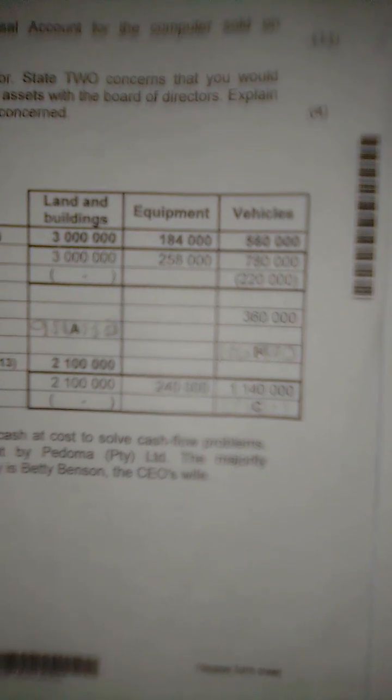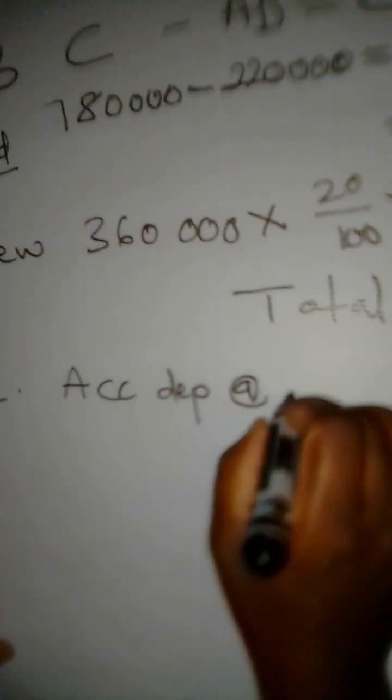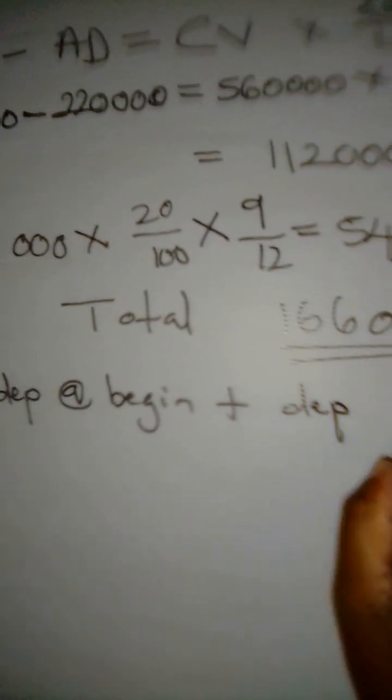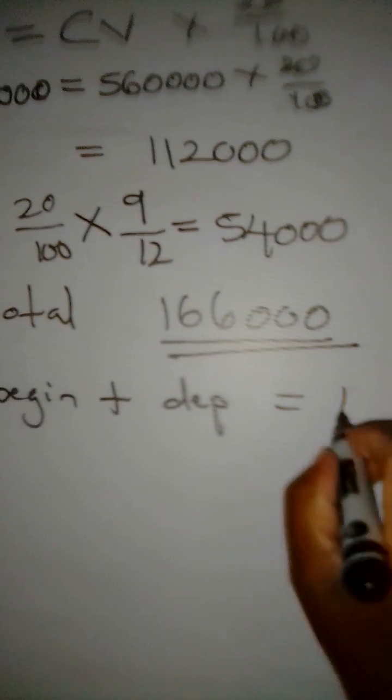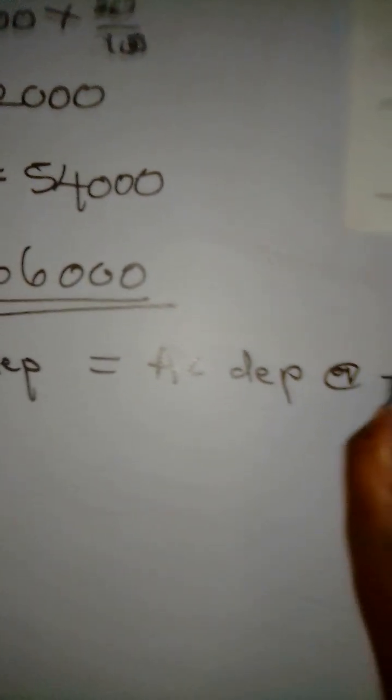Now we are moving on to part C. For part C, they want us to calculate the accumulated depreciation at the end. How do we get it? Simple. Accumulated depreciation at the beginning plus the depreciation for the year gives us the accumulated depreciation at the end.